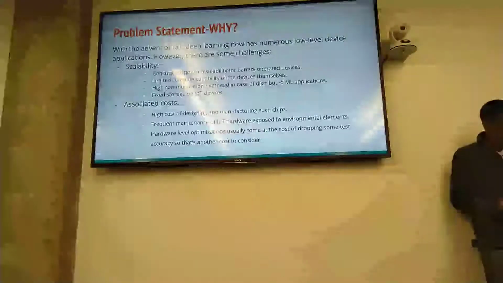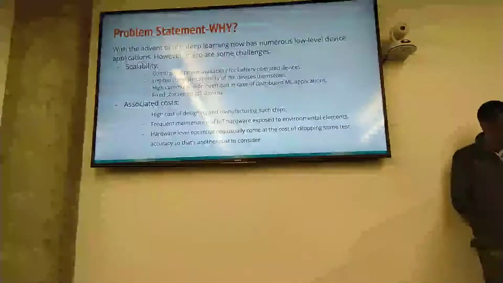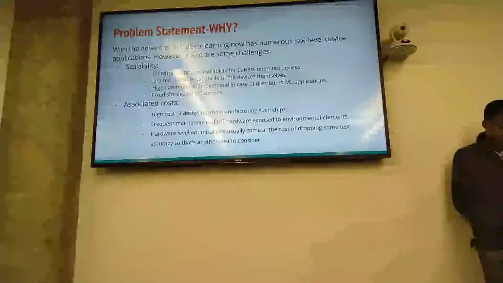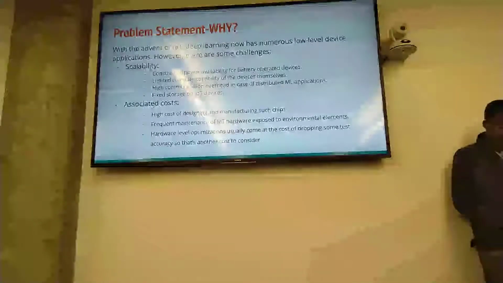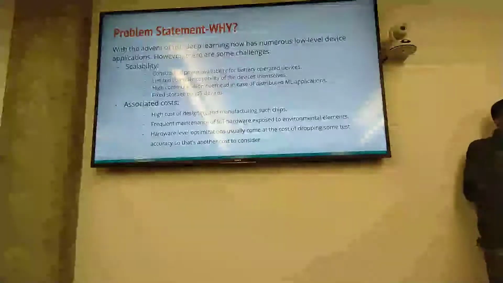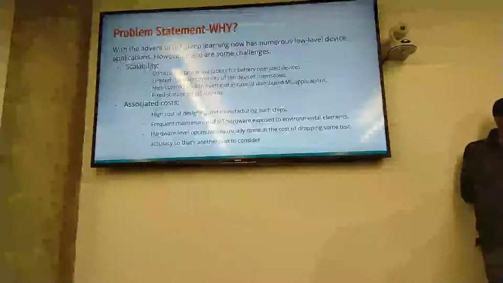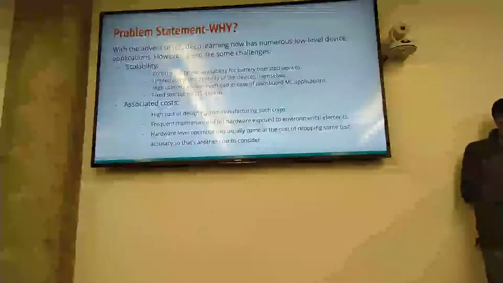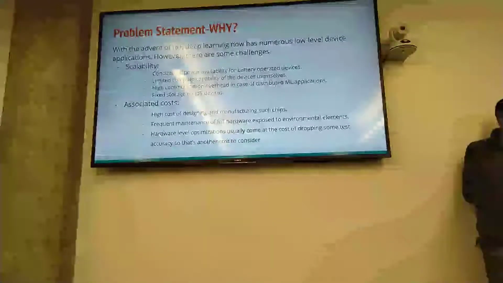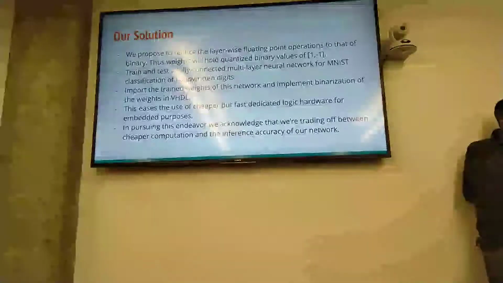There's always a communication overhead, especially if the application is distributed. If the nodes are communicating with each other for learning or inference, there's always that network cost. Then there's the high cost of designing and manufacturing these chips, and the maintenance required. Hardware-level optimizations usually come at the cost of dropping test accuracy. So it comes down to trading off parallel efficiency against statistical efficiency.